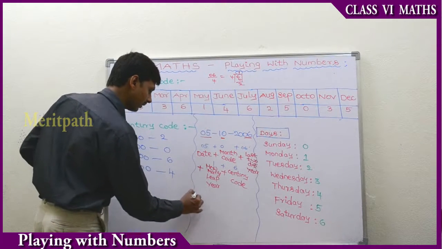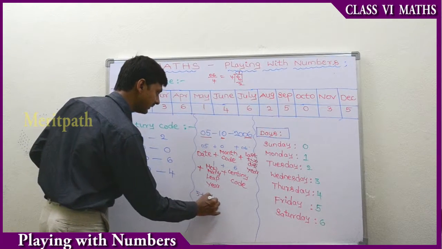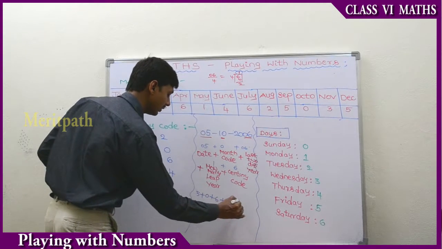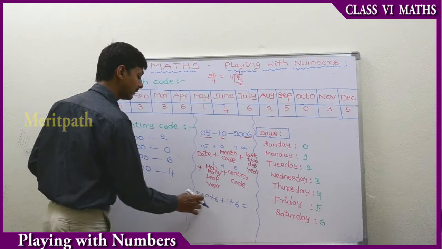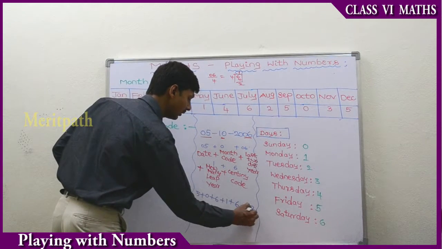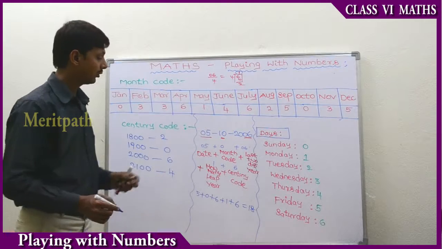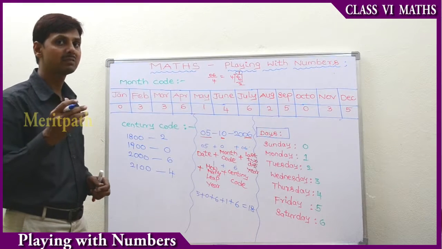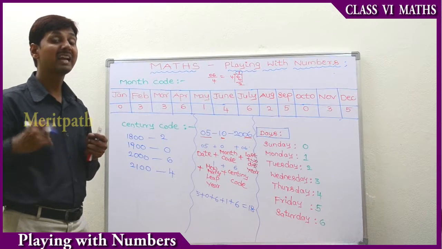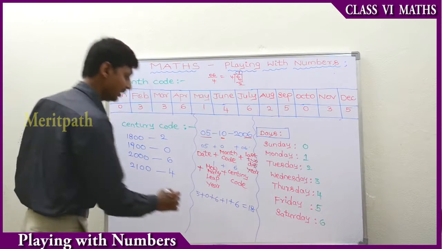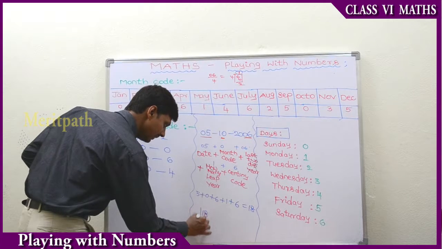5 plus 0 plus 6 plus 1 plus 6. So 6 plus 6 is 12, 12 plus 1 is 13, 13 plus 5 is 18. We got 18 here. We need to divide by 7, because a week has 7 days. So 18 divided by 7.